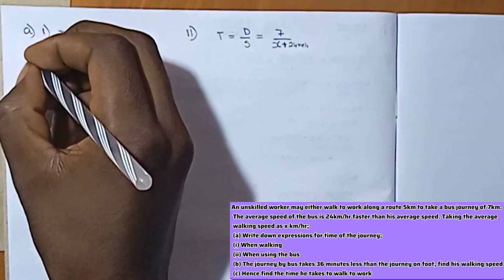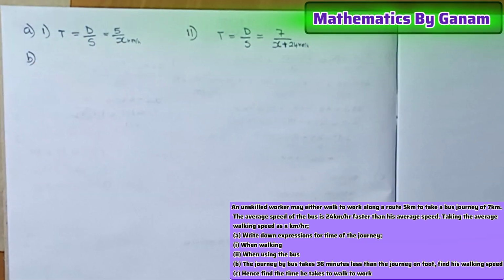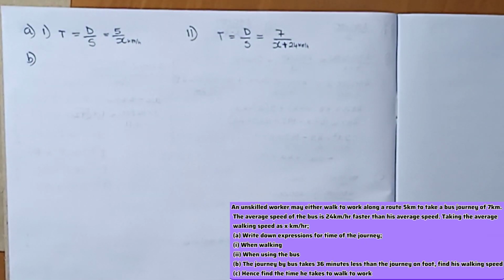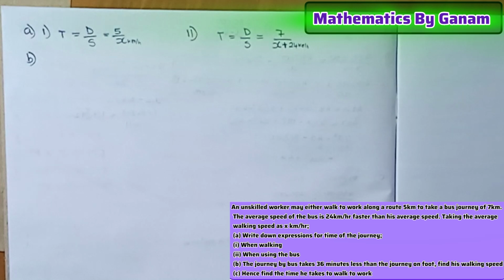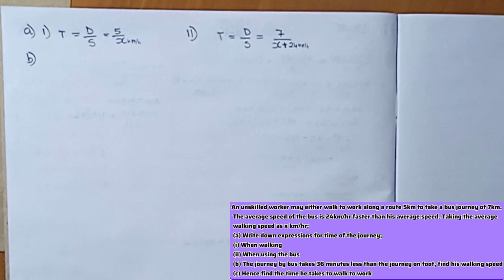Now we go to question B. The journey by bus takes 36 minutes less than the journey on foot. Find his walking speed.